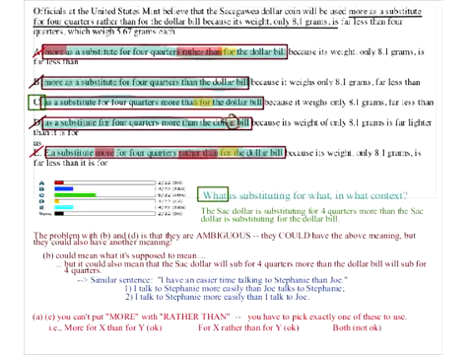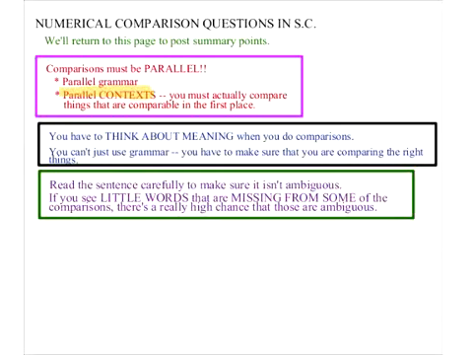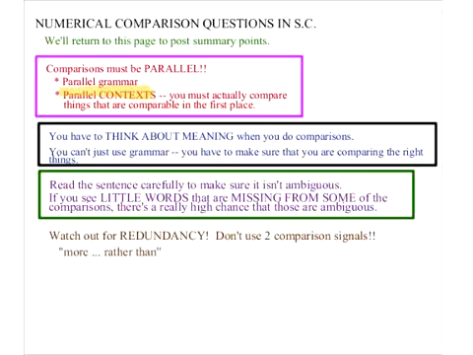So, and then the last thing is watch out for redundancy. So this is a big thing. Watch out for redundancy. Don't use two comparison signals. So if you see something like "more" with "rather than," or if you say "increased" and "more"; well, it could increase more, so that's a bad example.